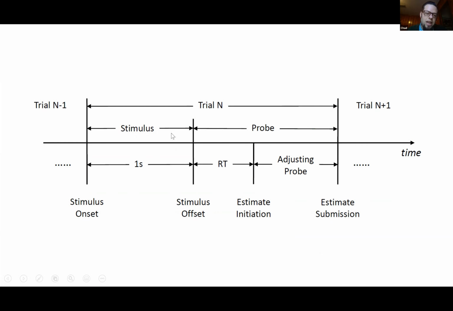And we had line lengths, Gabor vertical spatial frequencies, brightness, all different kinds of stimuli, but all unidimensional. And the basic task is a rolling average task. They get a stimulus for a second, stimulus goes away, they get an adjustable probe, they adjust it to match the average of all the stimuli they've seen up to that point. Of course, the first trial, they're only going to estimate the stimulus, but every other trial, they're getting the mean.